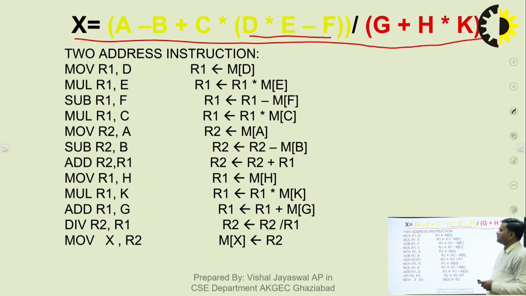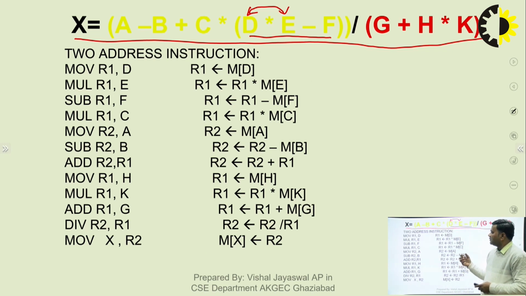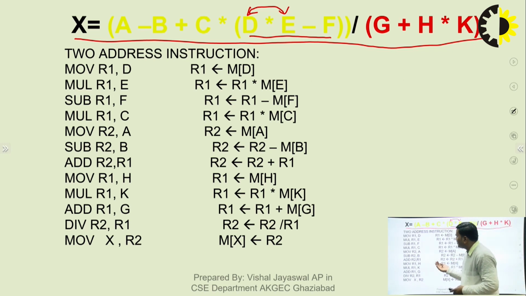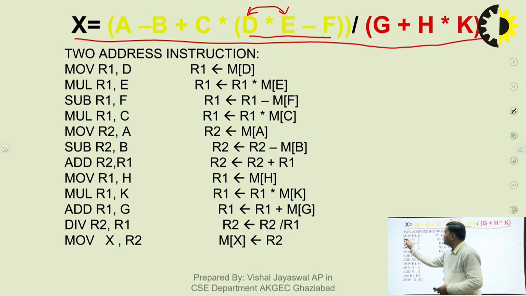To solve this part, before that we have to solve D into E. To perform D into E, we take D from the memory and bring it into the processor. For this we use the move instruction.